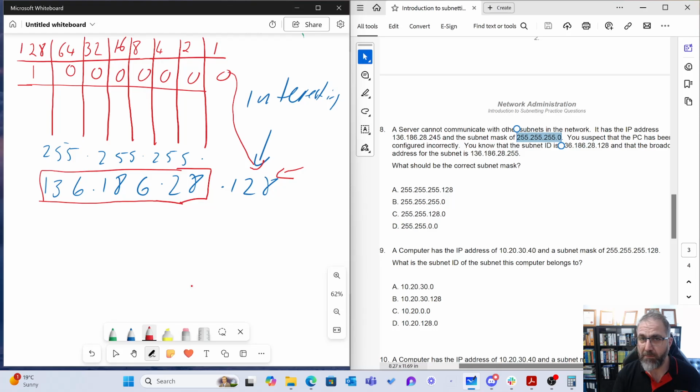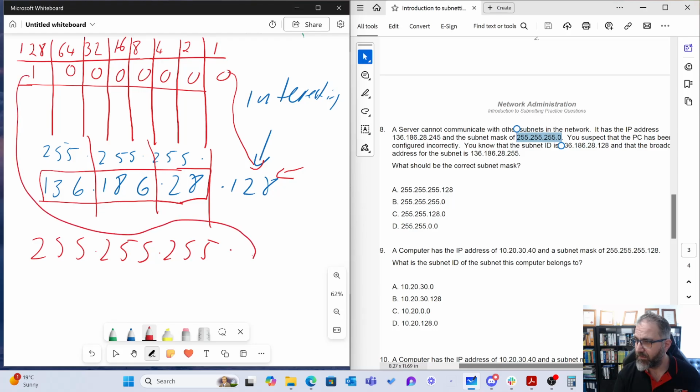So what is the network mask for that? That's correct. That's correct. 255.255.255. But the last one is not 0. The last one is 128. There's your answer. Okay.